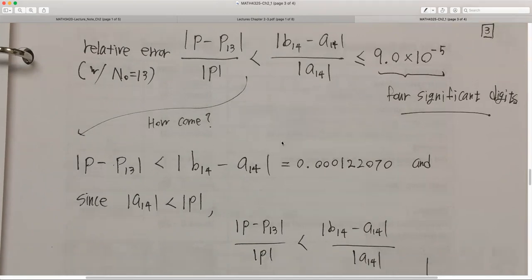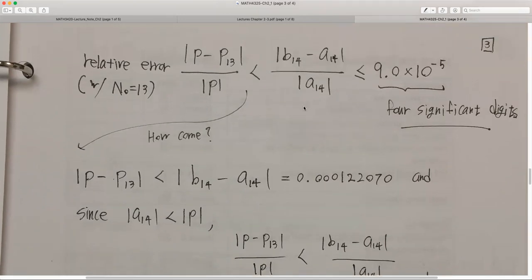So now we're just continuing to solve example 1. Now the absolute value of p minus p13 is less than or equal to b14 minus a14.